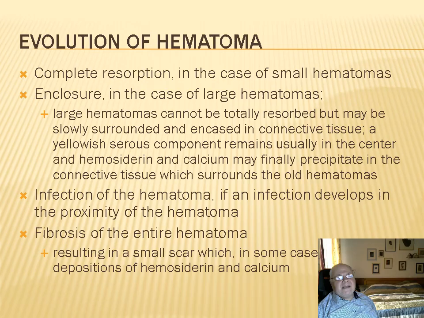For medium-sized hematomas, the formation of a fibrous capsule will continue with the fibrosis of the entire hematoma. So the result will be a scar. A scar rich in hemosiderin, which is brown in color, but still a scar replacing the medium-sized hematoma.